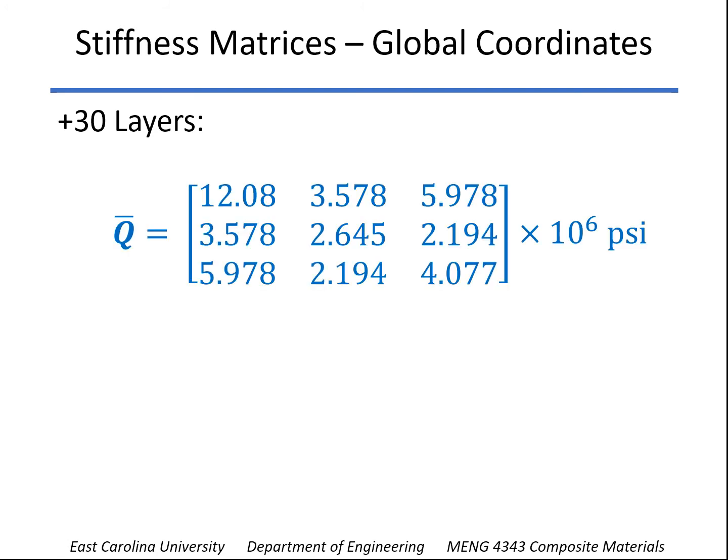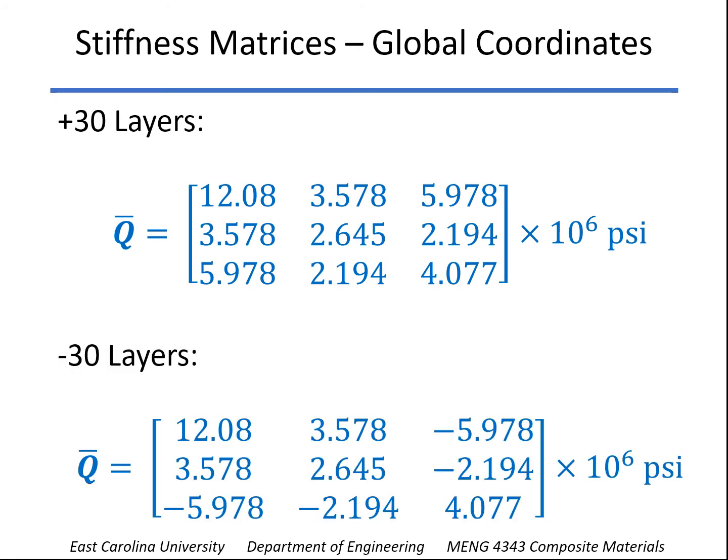So now we can transform that with the equations we've developed into the Q-bar, or the global stiffness matrix. And for the plus 30 we've shown here, and for the minus 30, that matrix looks just the same except for the 1/6 and 2/6 terms, where it's just the sign that's different.